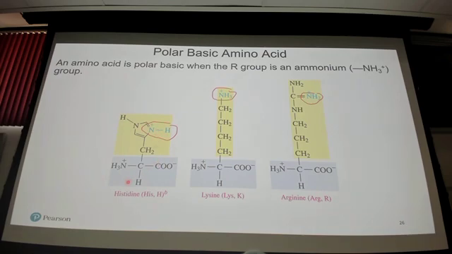In the backbone that we talked about, here's one ammonium group, and here's the carboxylate group. These groups will cancel each other out, opposing charges, but you're left with a positive charge for each of these. So under physiological pH, these amino acids will be positively charged. Okay.